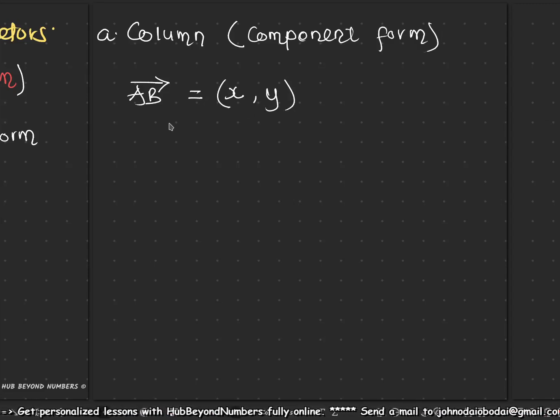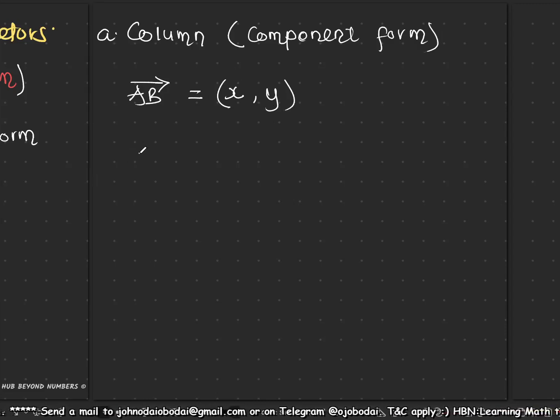It's just like the coordinate. The x will simply refer to its movement along the x-axis, that is from the east to the west, or the horizontal movement. Whilst the y will be our vertical movement, that is up and down, or from the north to the south. This is the column representation of vectors.